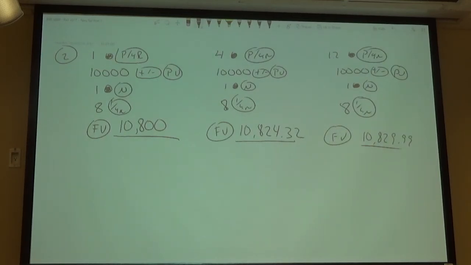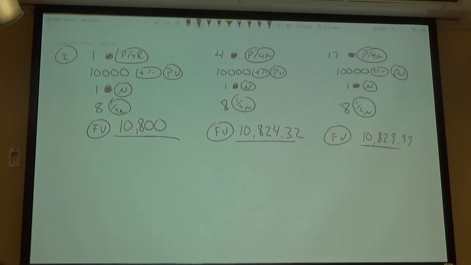And with monthly compounding, you're getting $829.99. But what the question is asking is, what must the nominal or the stated interest rates be on the second and third options to make all of the investments earn the same yield?